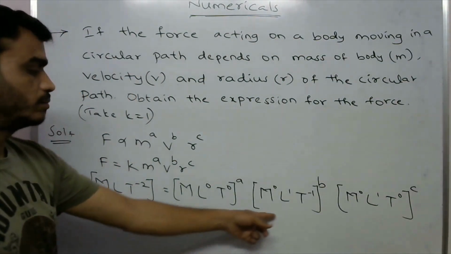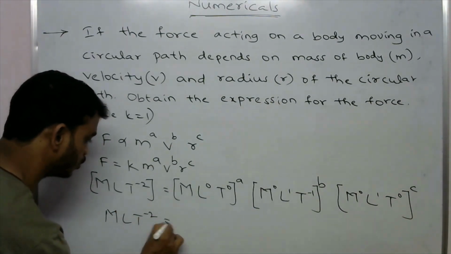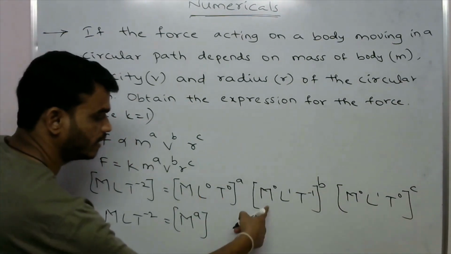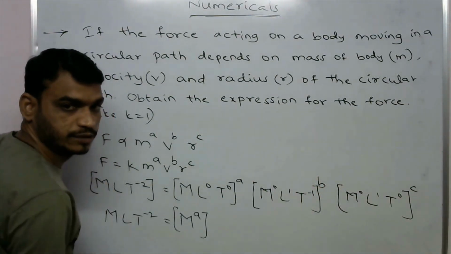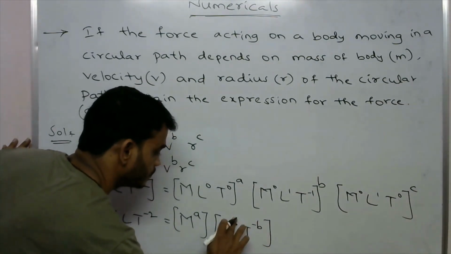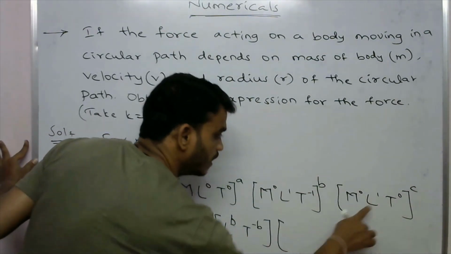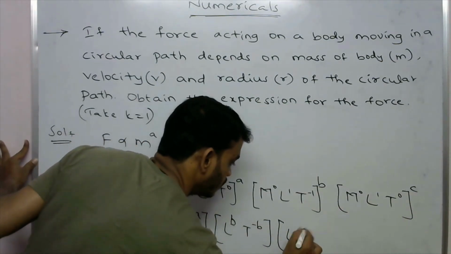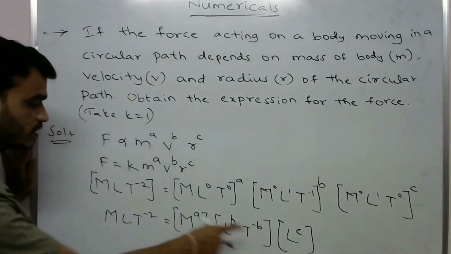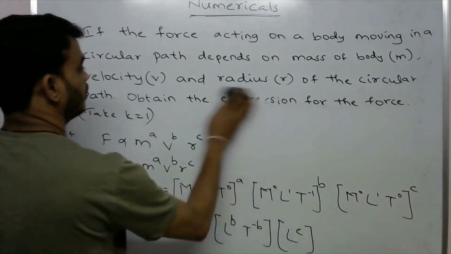Okay. So now I am simplifying this. Here M L T to the power of minus 2 is equal to M to the power a, and L to the power b, T to the power of minus b, and L to the power c. Now simplify this equation again.